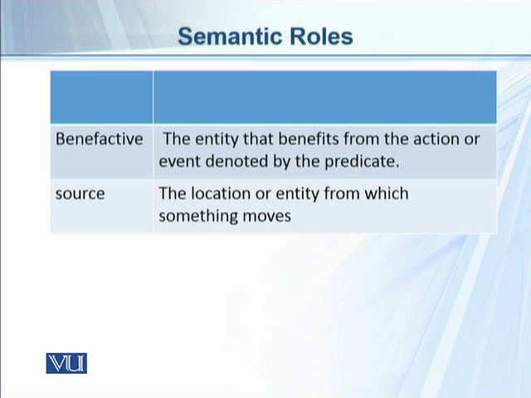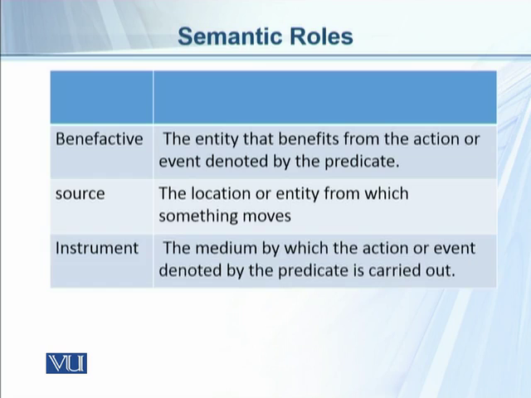So source refers to the location, the place from which something moves, or where some event takes place. Again, it's an adverb. Instrument, the medium by which the action or event, denoted by the predicate, is carried out. So it refers to any instrument by which any action is carried out.